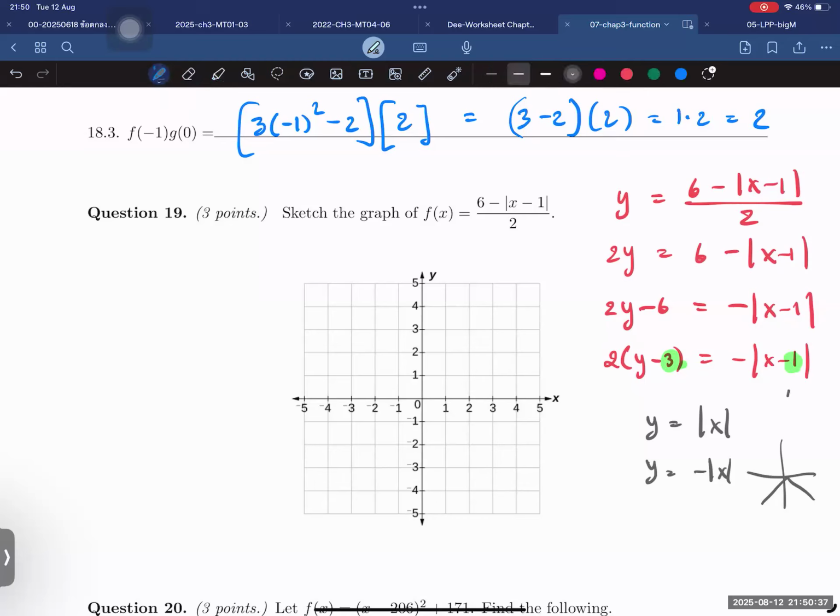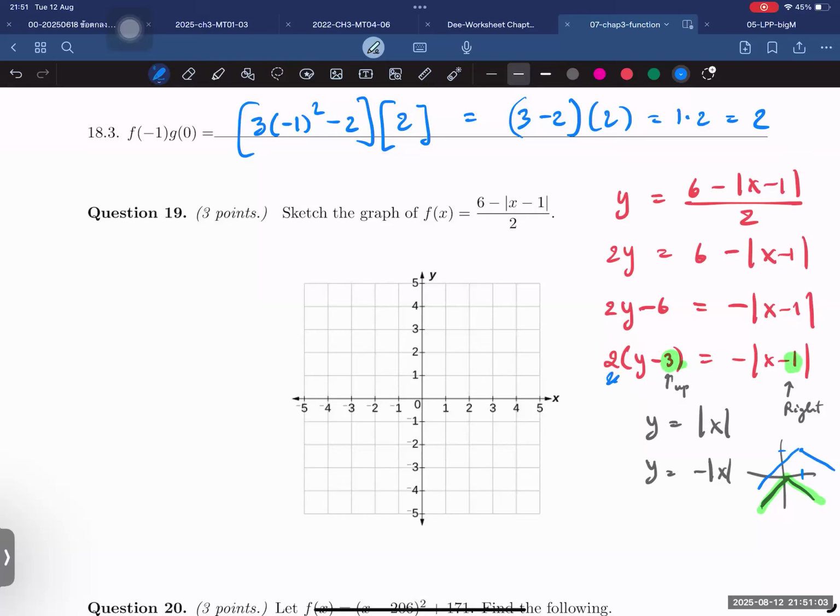Shifting this graph to the right 1 unit, and this is shifting up 3 units. So the top should be something like this.